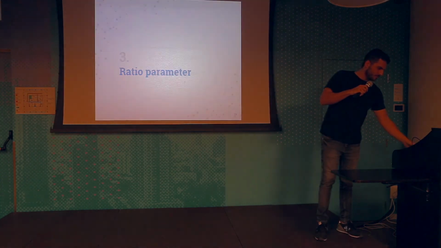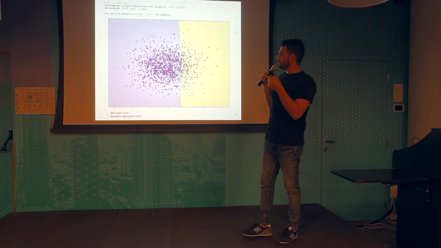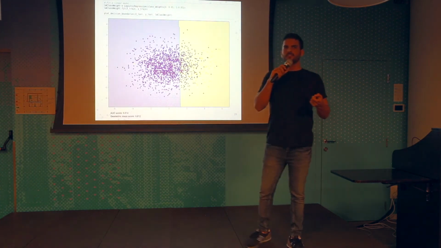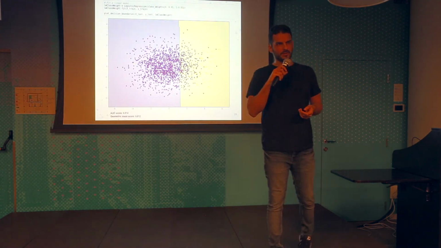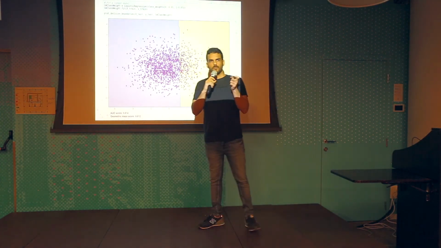With the ratio parameter, behind this classification task, if you're talking about fraud and not fraud, there's some type of hidden business logic.